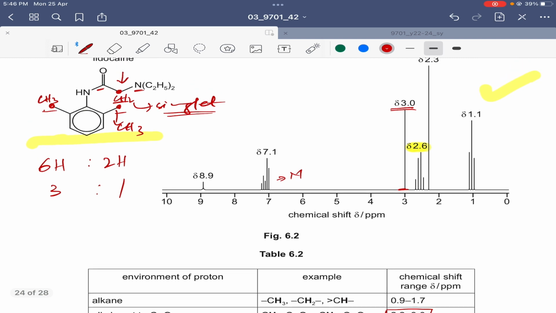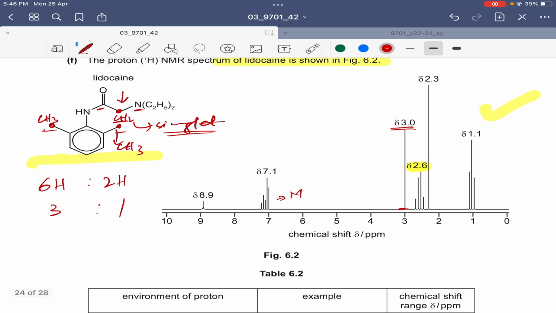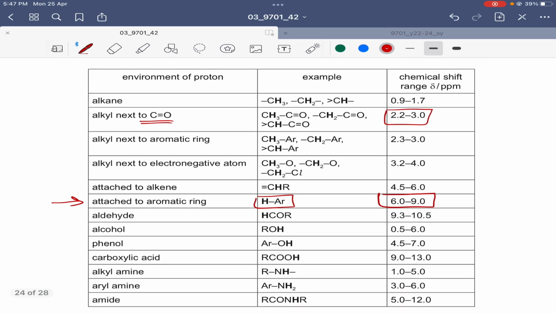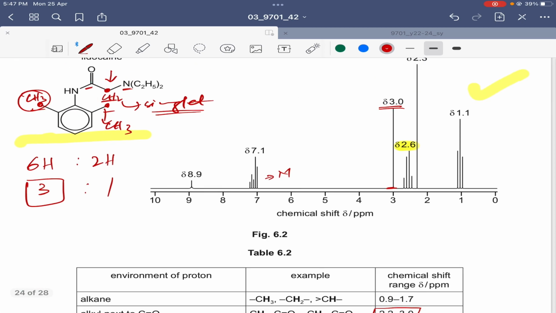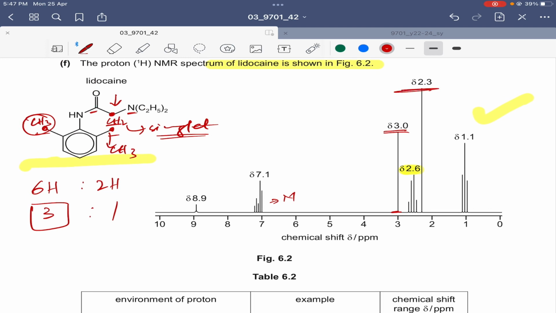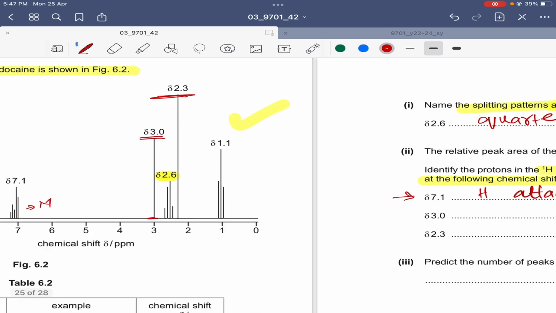And then the peak at 2.3 is again a singlet, and it is in a 1:3 ratio with the peak at 3.0. So this would be the alkyl directly attached to the ring. For alkyl next to an aromatic ring the range is 2.3 to 3.0, and we have a peak at 2.3. All right, so we have obtained both our peaks.